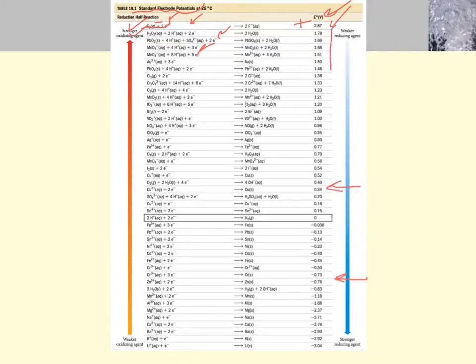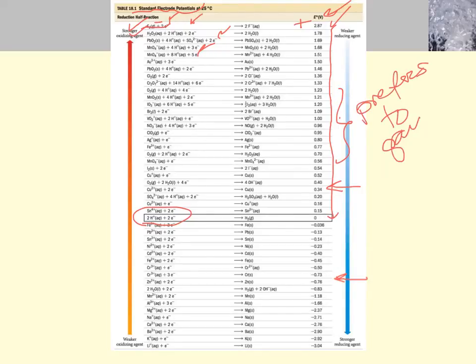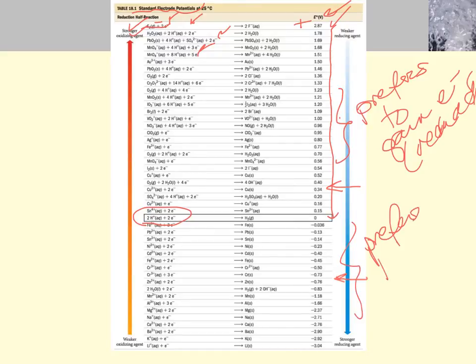So all of these are positive, and they will tend to get reduced until we get to this. Everything here prefers to gain electrons, which means be reduced. And everything at the very bottom prefers to lose electrons and get oxidized. How do I know that?